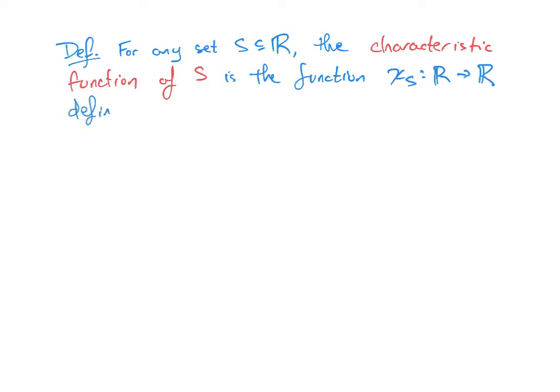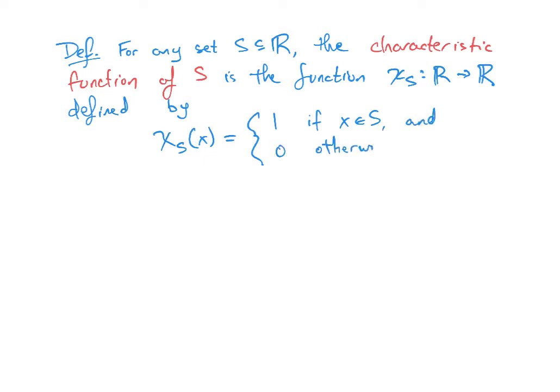It is a function from the reals to the reals, although it's from the reals to the set {0, 1}. Okay, that's a chi, not an x. My chi's aren't that great though. This is 1 if x is in the set S and 0 otherwise.